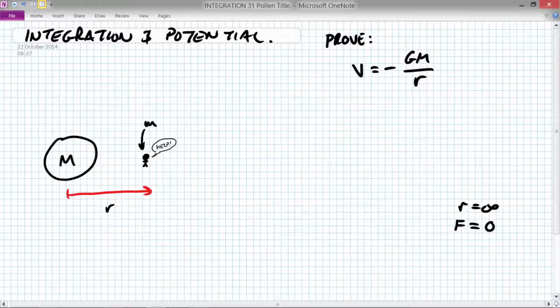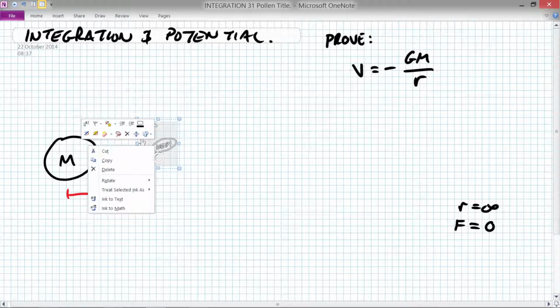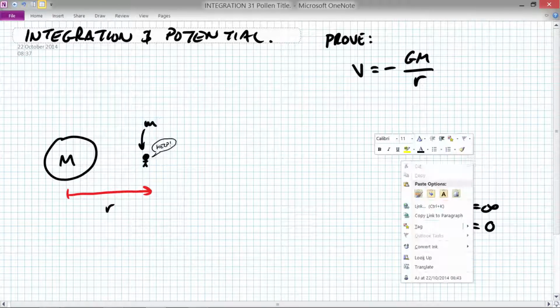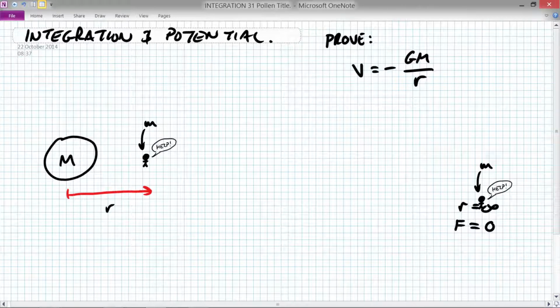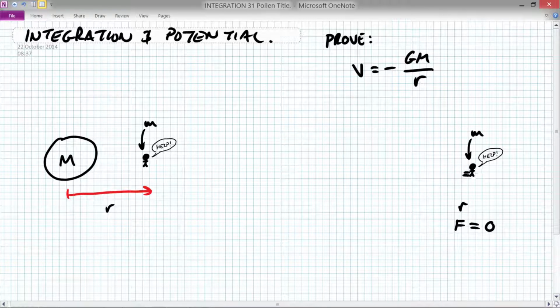So here's what we do then. If we want to know the work done as we move this guy from here over to infinity, obviously gravity is going to be acting on him the whole way.